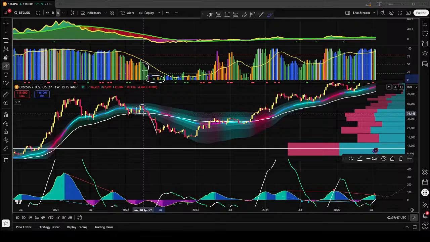When you see this kind of move crashing to the downside, or to the upside, you want to see volume following the action, right? But in this case, all this move, you see we have just a little bit of volume.